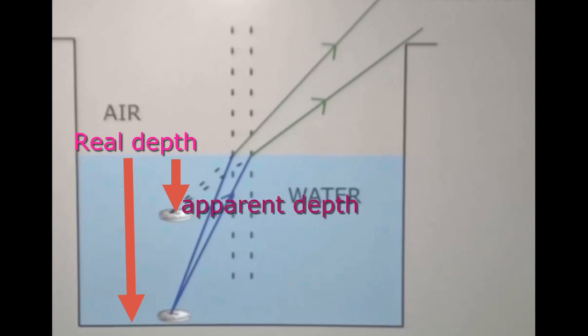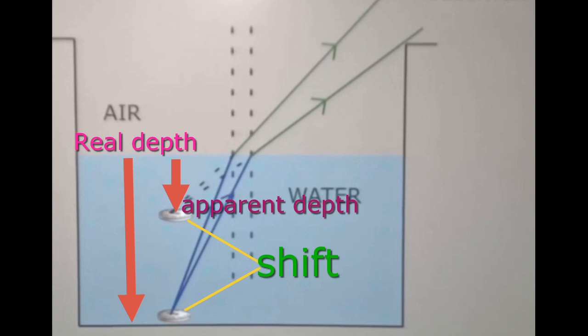The difference between real depth and apparent depth is called shift. This shift happens due to the refraction of rays at the water-air interface. Hence, shift depends on the refractive index of the medium.